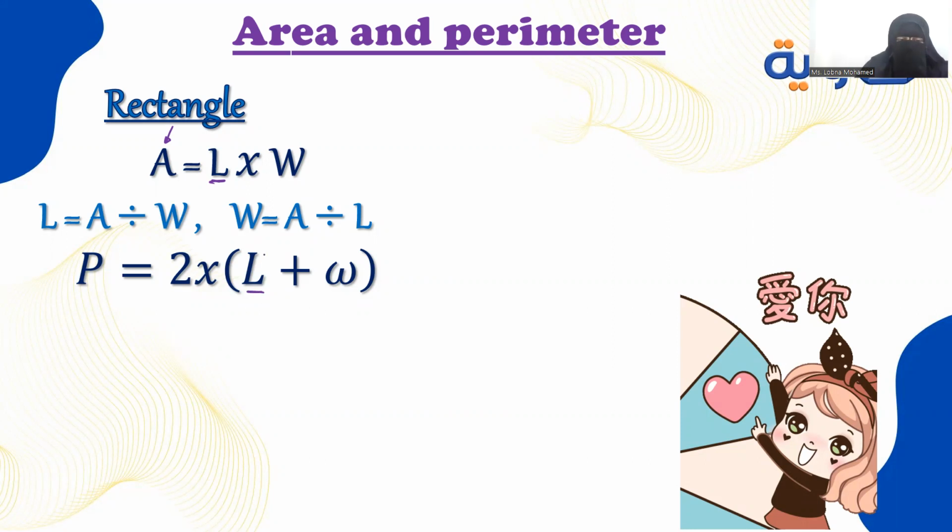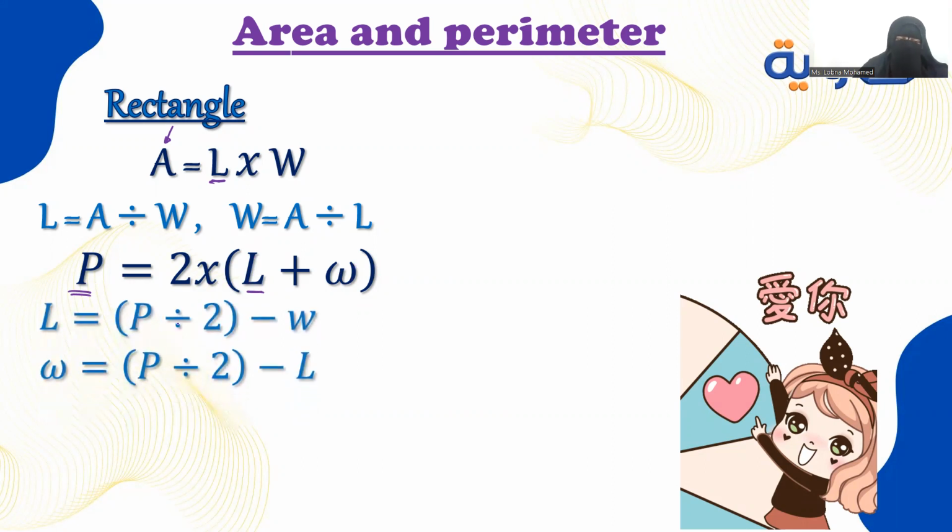If the length is missing, you have to divide the perimeter by 2. After this, subtract the width. So length equals the perimeter divided by 2 minus the width. In the same way, if the width is missing, you have to divide the perimeter by 2, and after this, subtract the length from this result.